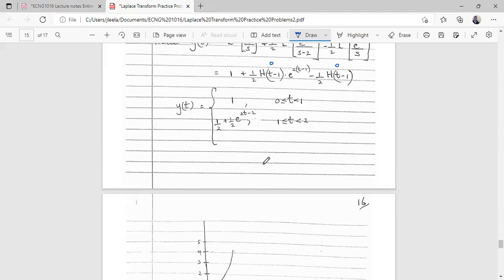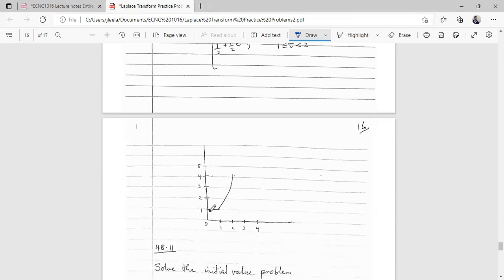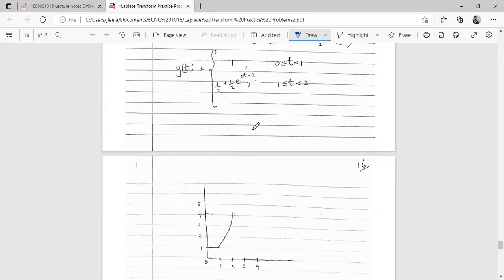Right? So from 0 to 1, the function will be 1. And then between 1 and 2, it will be a half plus a half e to the 2t minus 2. So you'll have an exponential growth here then. And it will go somewhere to a little beyond 4.